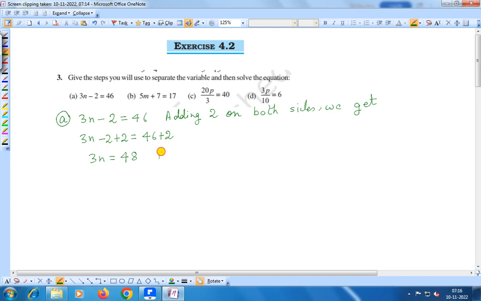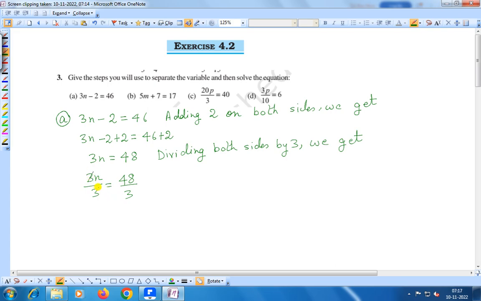Now dividing both sides by 3, we get 3n by 3 is equal to 48 by 3.